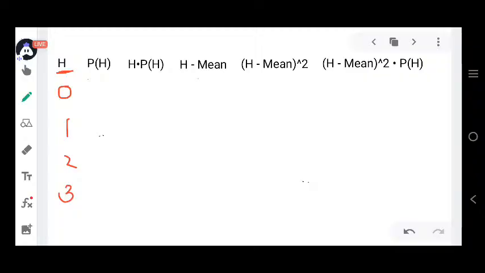We have 8 possible outcomes, therefore, 0 appeared once, so that will be 1 over 8. 1 appeared 3 times, so that is 3 over 8. 2 appeared 3 times also, so it is also 3 over 8. And lastly, 3 appeared once, so that is 1 over 8.